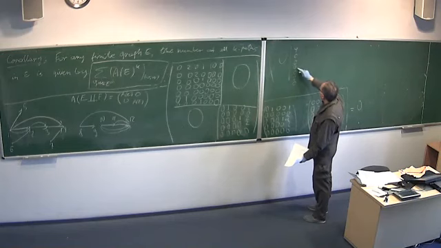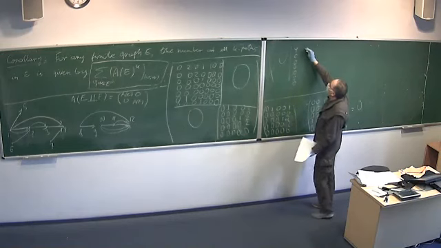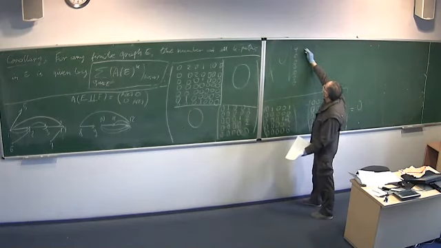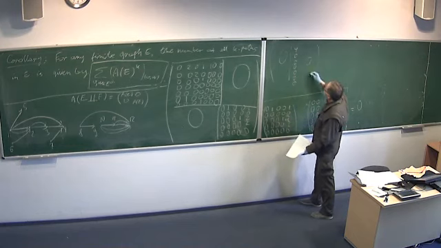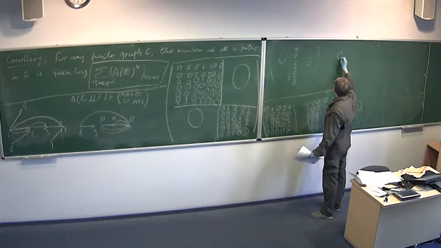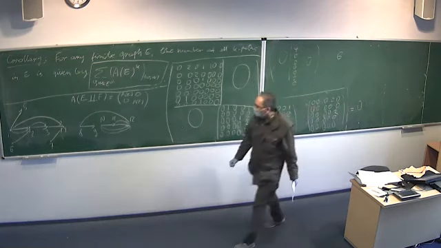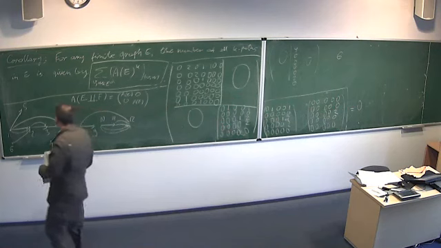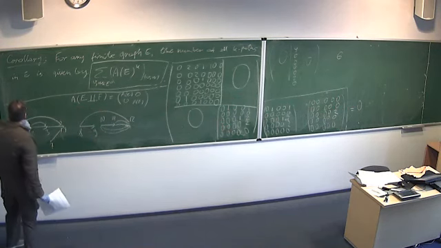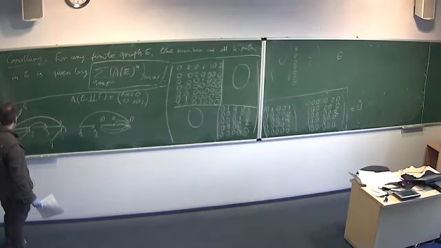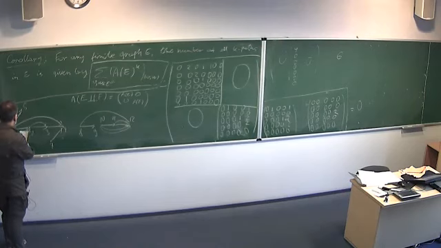1, 2, 3, 4, 5, 6, 7. Okay. So that's it. 4 plus 2 is 6. And let's count it by hand. So any path of length 3 starting from 1, well, we have 2.